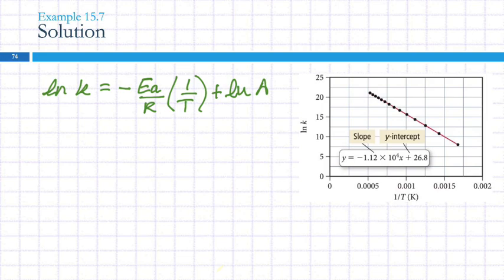So if we're trying to find the activation energy, what number out of this do we need? We need the slope, right?